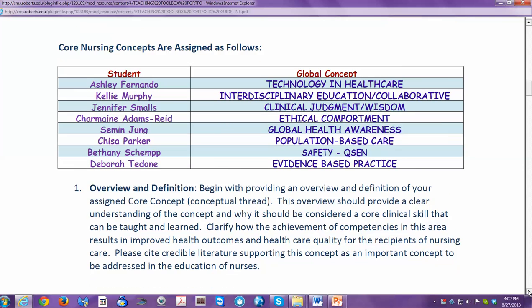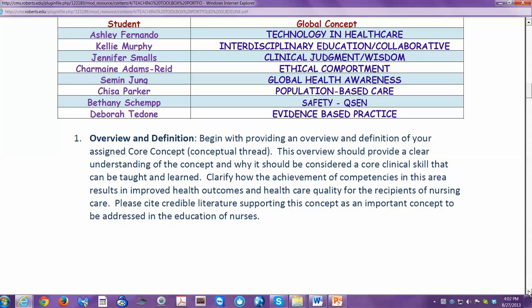Under this tab, then, you would have an overview and definition of your concept. And as you know and you learned in curriculum, this would be the conceptual thread that would be integrated throughout the curriculum. The overview that you develop should provide a good, clear understanding of the concept and especially justify why it should be a core clinical skill or understanding or knowledge-based competency that should be taught and learned.